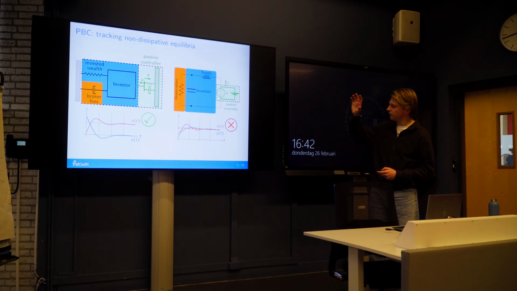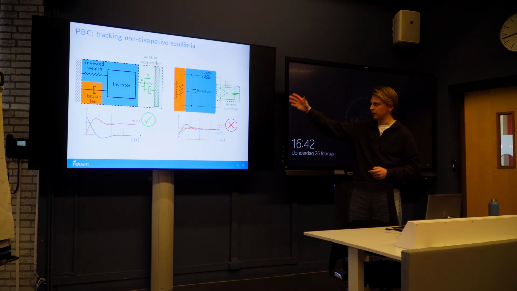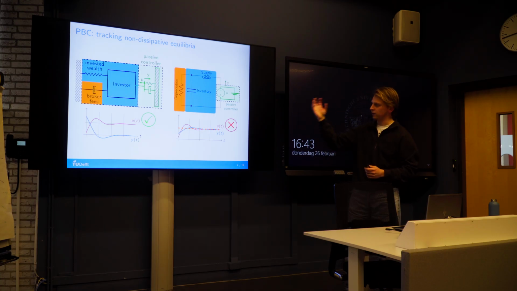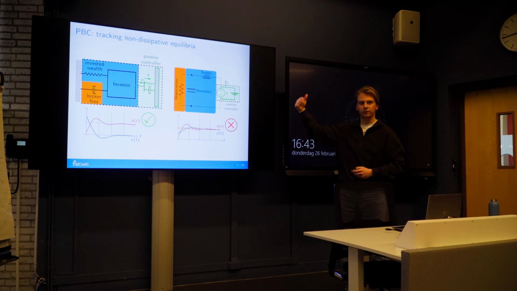If you take this closed loop system, I can design my spring and my damper in such a way that if I let it go, the mass will nudge a bit to the right, and when it is at a new equilibrium, there's no energy flow. But for this system, there will always be a current going through that resistor.